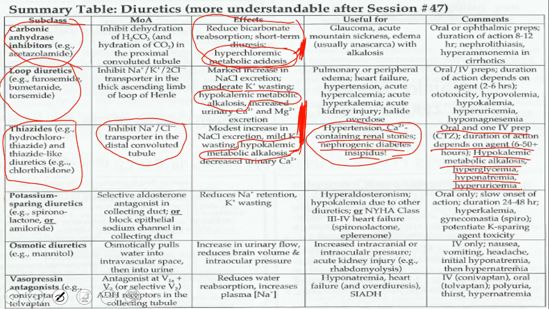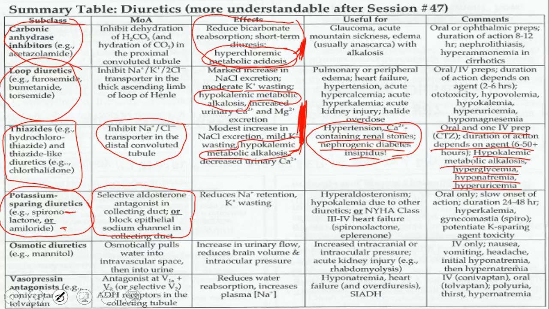Also going to be discussing potassium-sparing diuretics. So, for example, spironolactone or amiloride. And for these ones, we have the selective aldosterone antagonist in the collecting duct or block the sodium channel in the collecting duct.